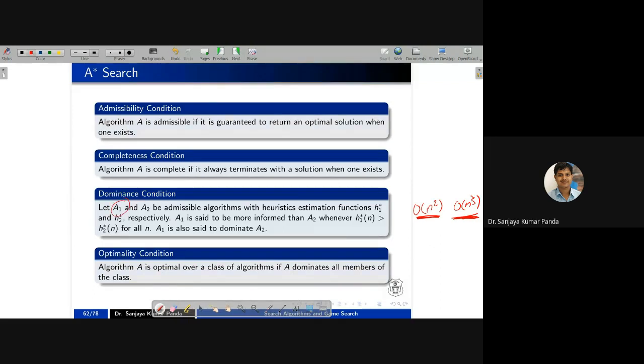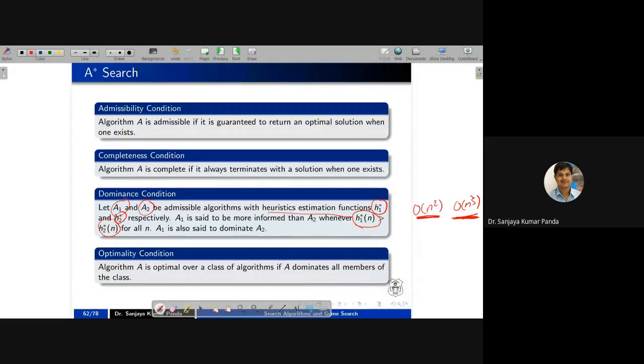Similarly, if you take two admissible algorithms A1 and A2, whose heuristic estimate functions are, let's say, H1 star and H2 star, then you can say A1 is more informed than A2 whenever H1 star of n is greater than H2 star of n for all n.